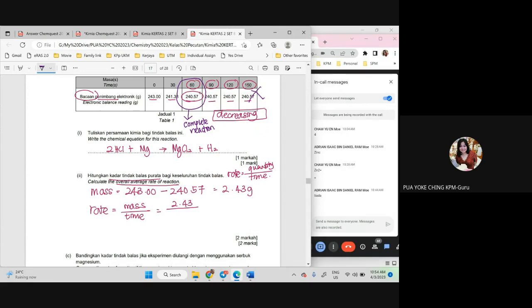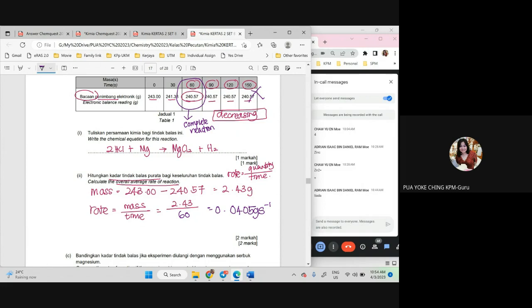So it's bahagi 60. So 2.43 divided by 60. So you will get 0.0405 gram per second. Unit jangan lupa. Unit untuk rate is depends. You nak bahagi second, then second. You nak bahagi minute, then per minute. Okay?